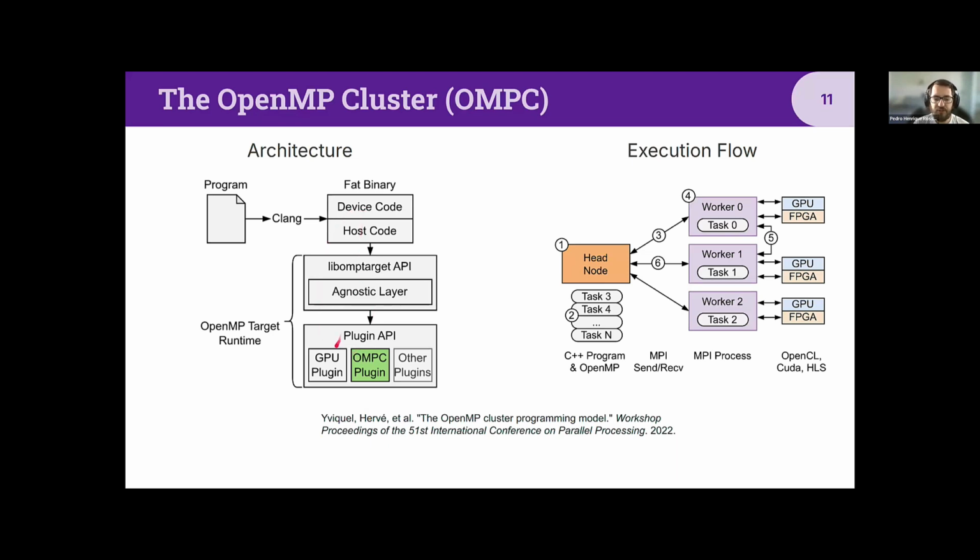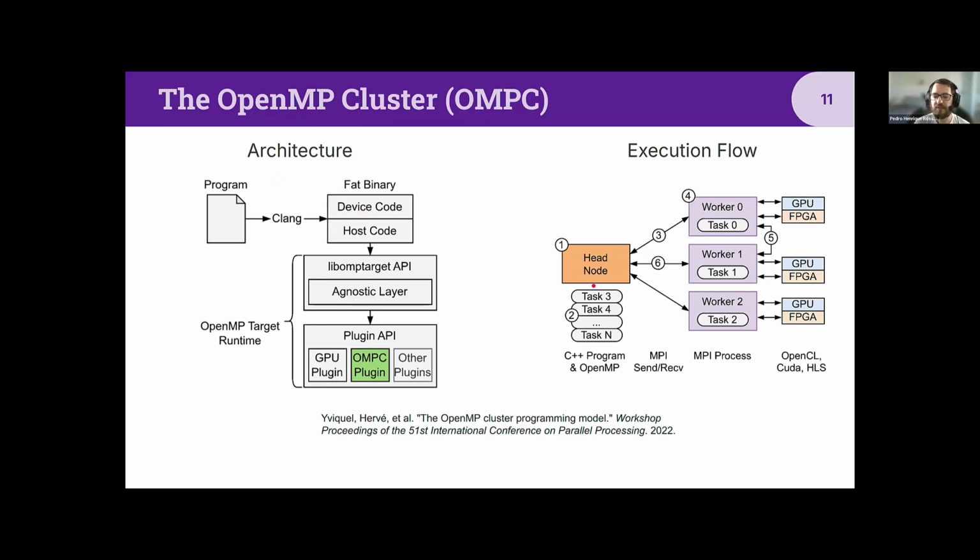Here you have GPU plugins, and we added the OMPC plugin. The OMPC plugin is basically an MPI plugin where your devices become the MPI processes. Let's say you wrote an application for OpenMP Cluster and you run it using mpirun across a cluster.